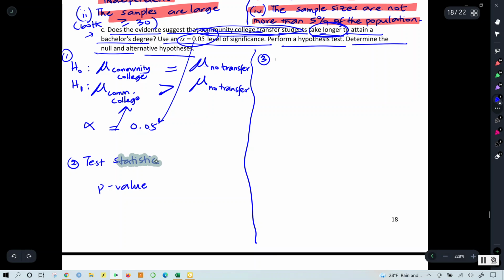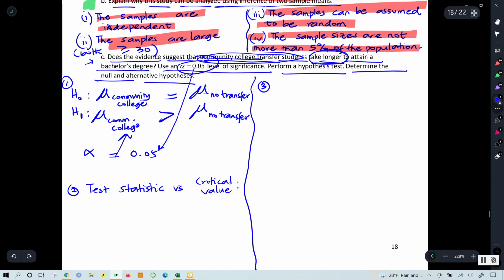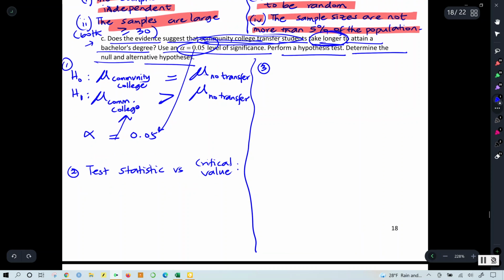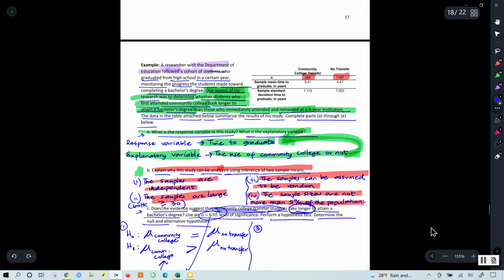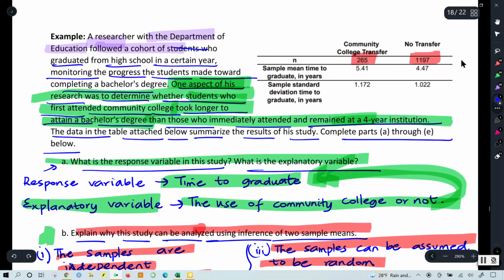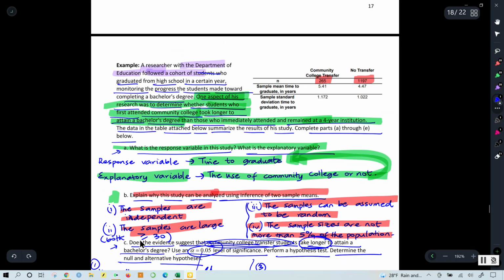In fact, what I would suggest, just so that it aligns with what you have earlier, is let's get the test statistic, and we're going to compare it versus the critical value using the classic approach to begin with. So how do we get the test statistic? Let's go back to the sample information we're given. So this we're going to take to StatCrunch. So let's go to StatCrunch.